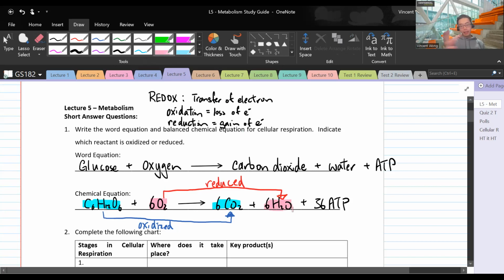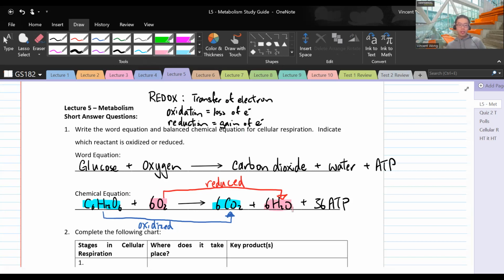Along the way, this transfer of electron is going to allow us to harness the energy from the glucose and use that energy to produce ATP, the usable form of energy in a cell. So that's an overview of the reaction. Does anybody have any question about that?